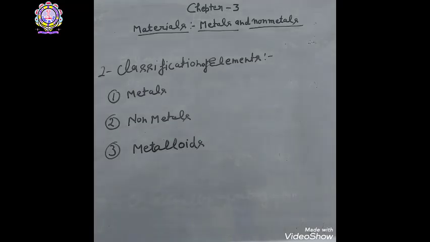Different materials have different properties depending upon the appearance, hardness, luster and a few other properties. Materials can be classified into metals, non-metals, and metalloids.